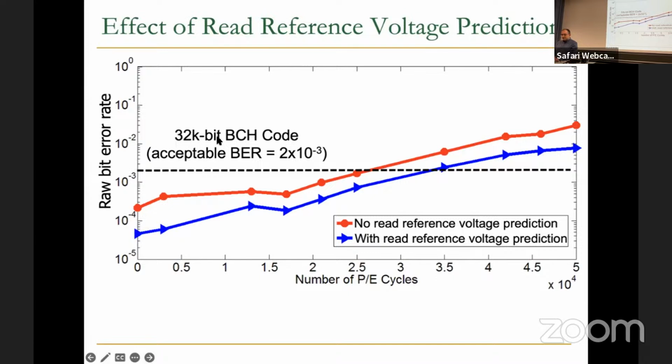With a 32K-bit BCH code, your acceptable bit error rate is 2 times 10 to the power minus 3. With that ECC capability, you can increase the lifetime by 30% if you use this technique. Of course, if you use a stronger BCH code, you can provide higher lifetime. But it is very interesting that using the same ECC code and such an intelligent mechanism, you can extend your lifetime. And that's good.